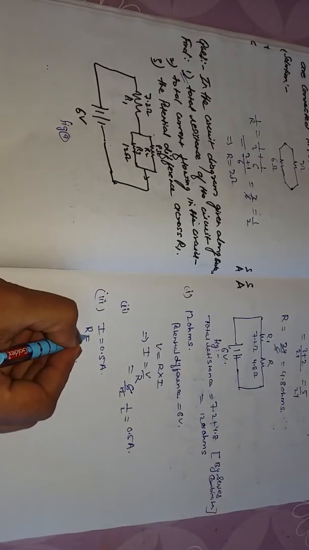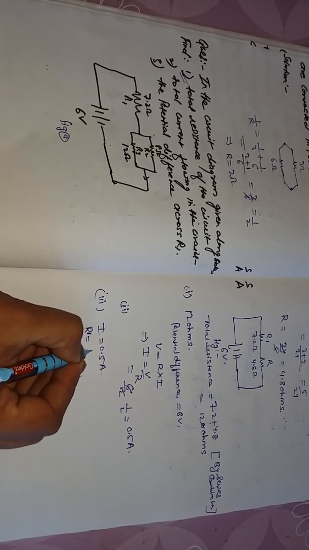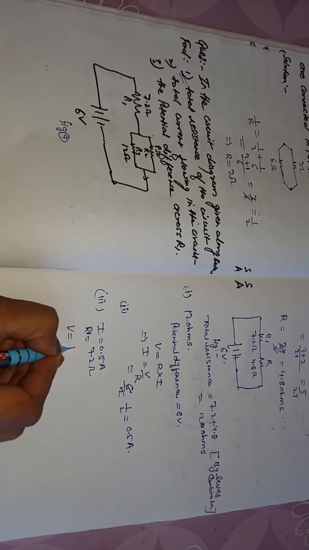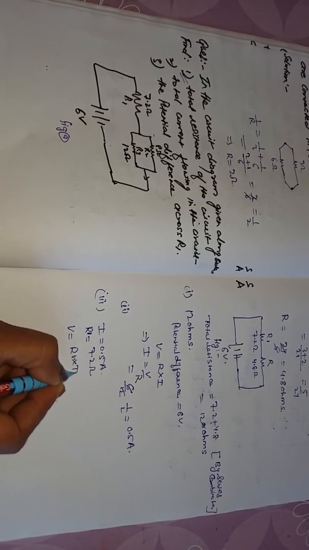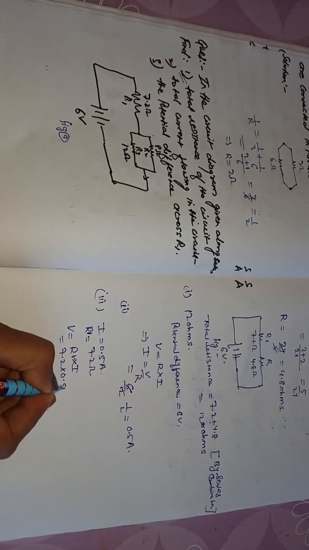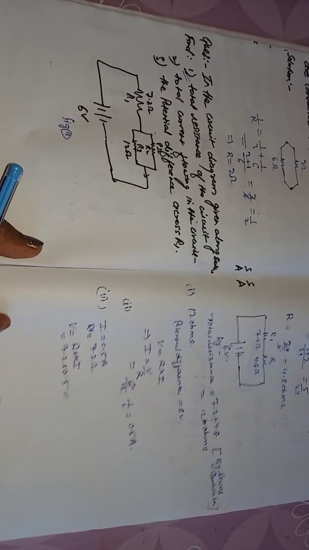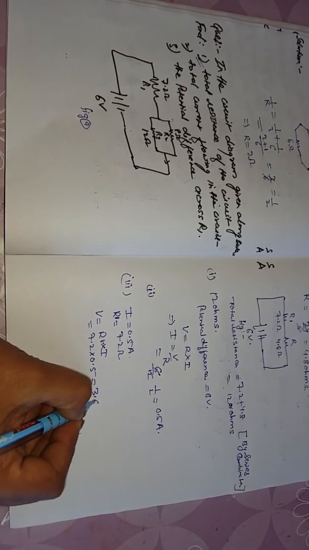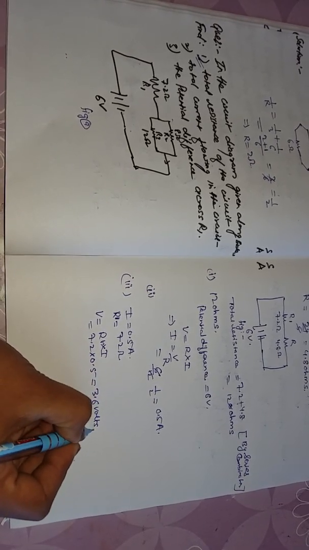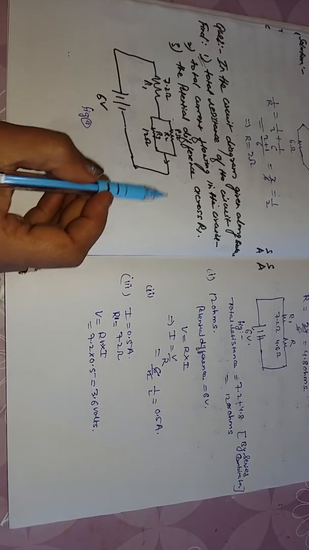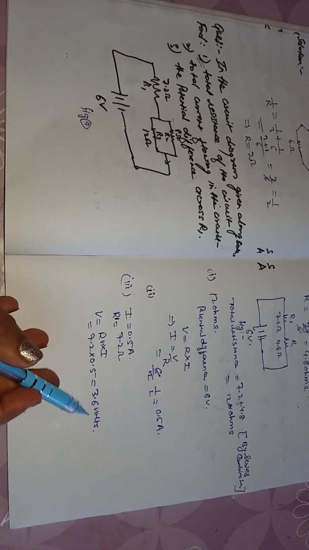Therefore R1 is 7.2 ohms. V equal to R1 into I, that will be equal to 7.2 into 0.5, which is equal to 3.6 volt. And this is the answer of our third question, that is the potential difference across R1 is 3.6 volt.